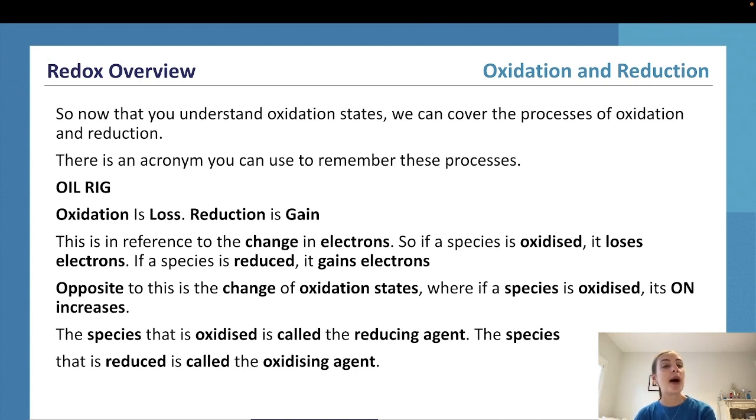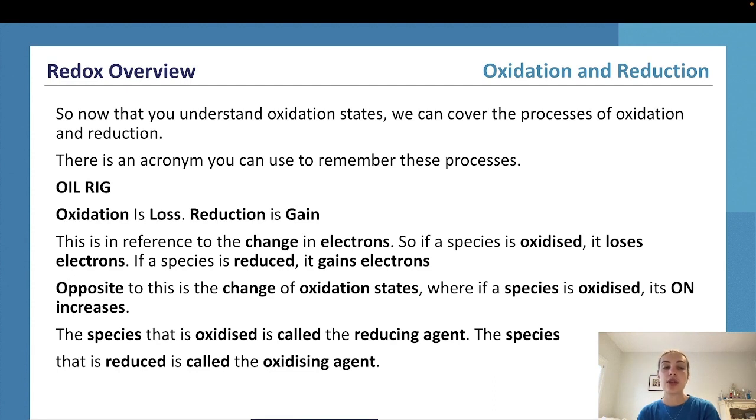There's quite a useful acronym which people use and you can use to remember these processes of oxidation and reduction. And this acronym is called OIL RIG. We say that oxidation is loss, reduction is gain.